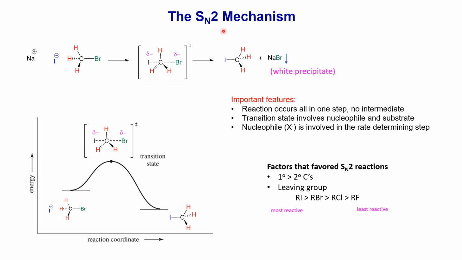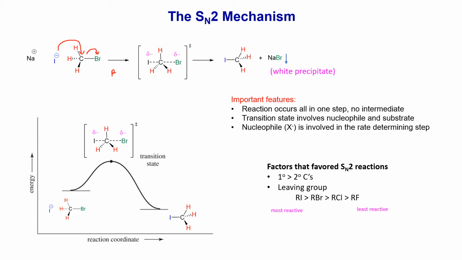In the Sn2 mechanism, in this example, we have a primary alkyl halide reacting with sodium iodide solution. So the electrophile, again the carbon center, will react with the nucleophile iodide here. Okay, so Sn2 mechanism is a primary alkyl halide, and iodide will attack the carbon center, and you have a bond breaking between carbon and bromine, right?